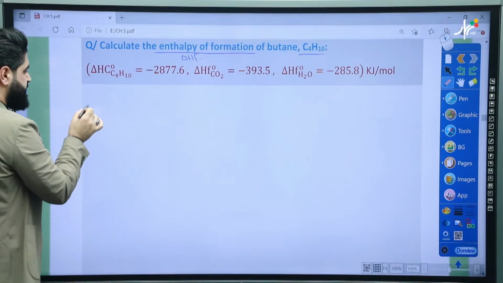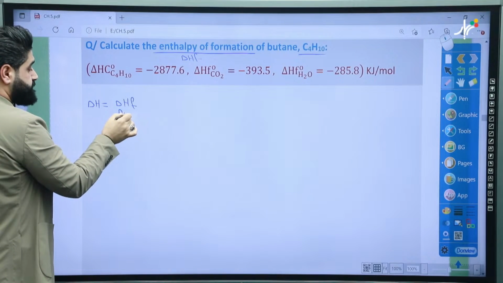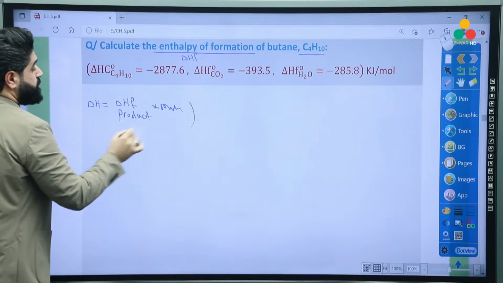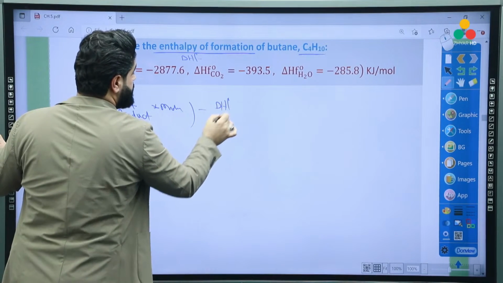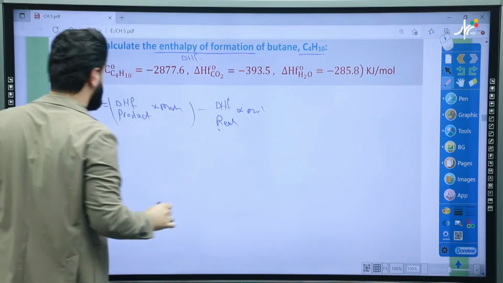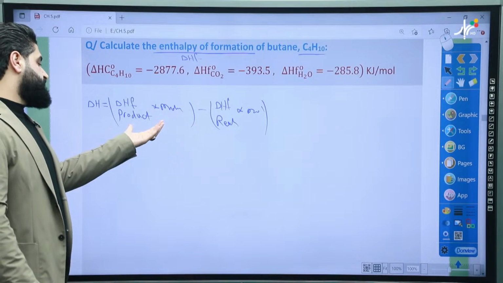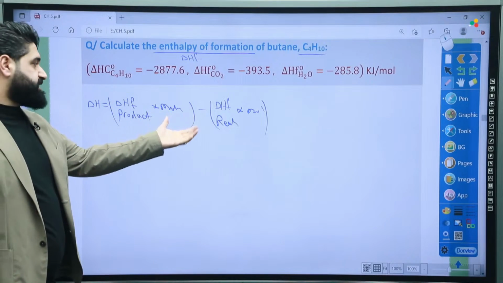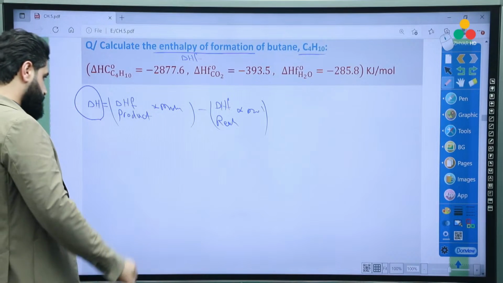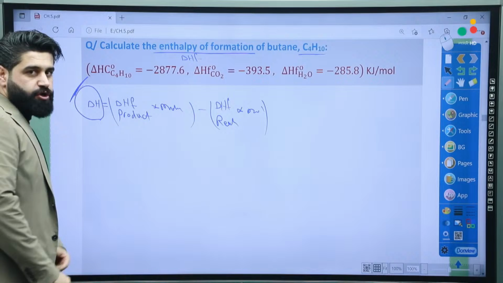Look, we have said delta H equals delta HF for the product times moles, minus delta HF for the reactant times moles. Okay, so there are two options. It's possible to have delta HF values given and delta H unknown, or if one of them is unknown, delta H must be known.